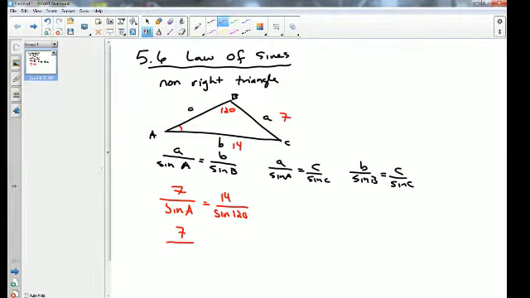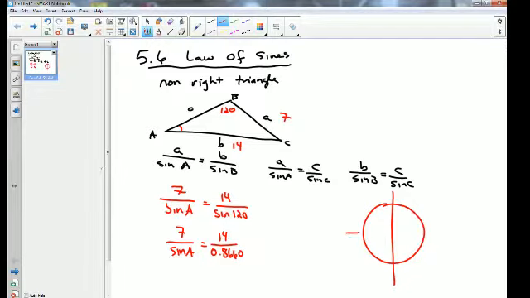Anybody have a calculator handy? 0.866. Anybody have the unit circle memorized yet? Oh, it would be negative. Is it 1/2 or root 3 over 2? It's one of those two.